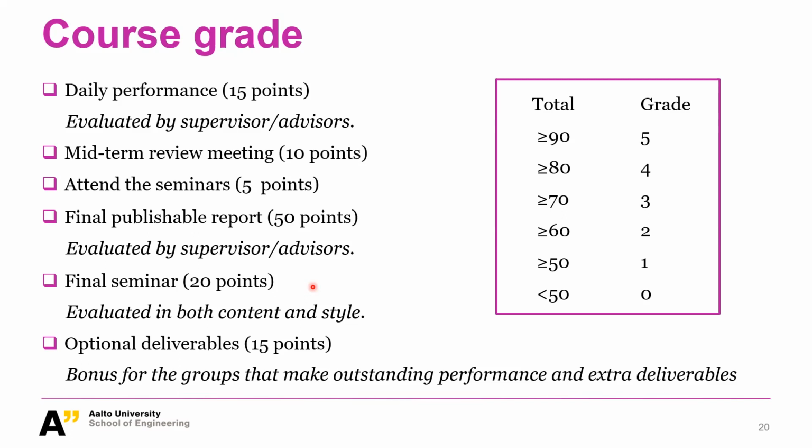And 4 to 5 is between 80 and 90, and 70 to 80 is 3 to 4, and 60 to 70 is 2 to 3, and 50 to 60 is 1 to 2. I think it's probably quite generous, because that's also the way I would like to motivate you.